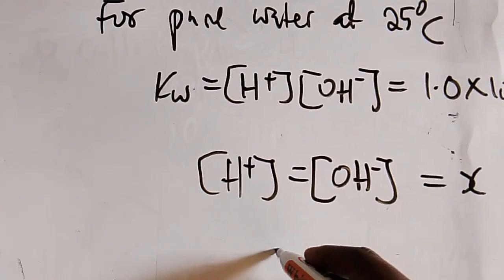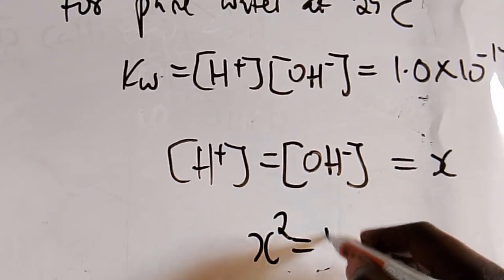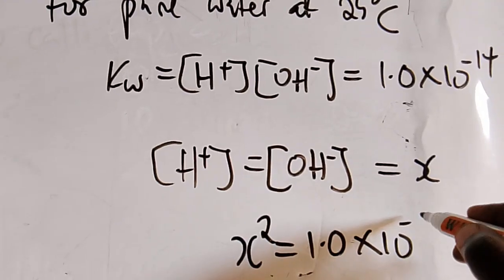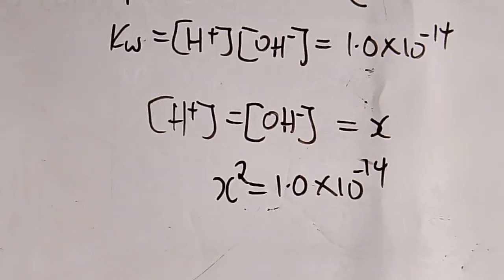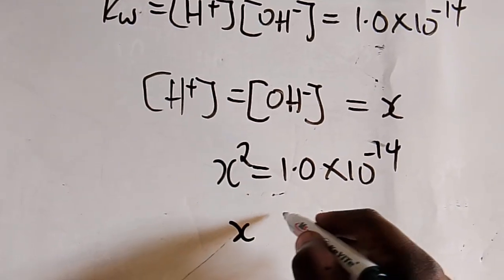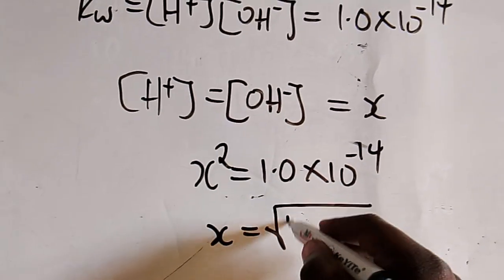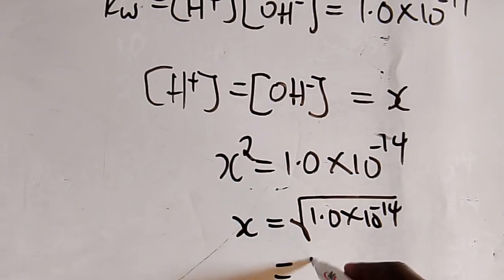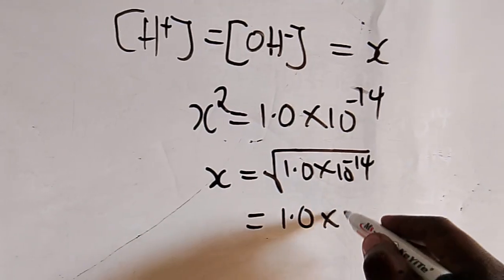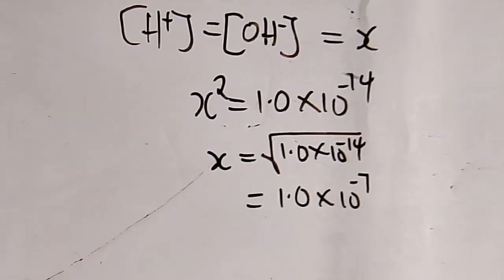We can solve for X. X squared is equal to 1.0 times 10 to the power negative 14, so X equals the square root of this, which gives us 1.0 times 10 to the power negative 7.